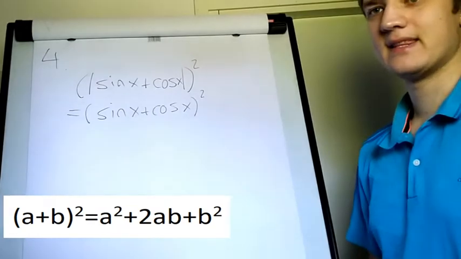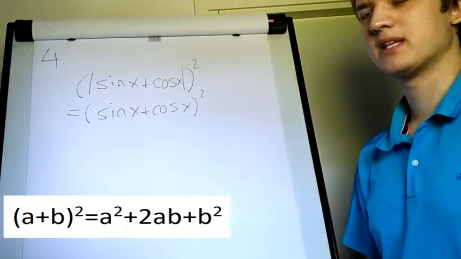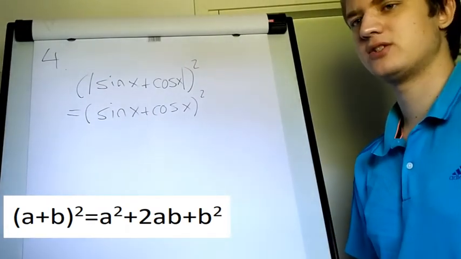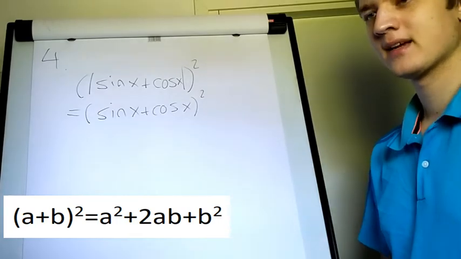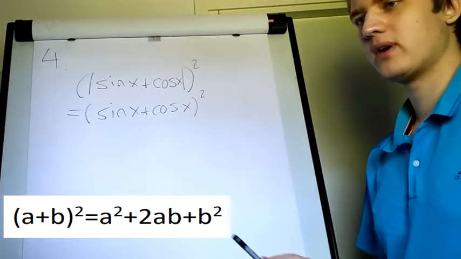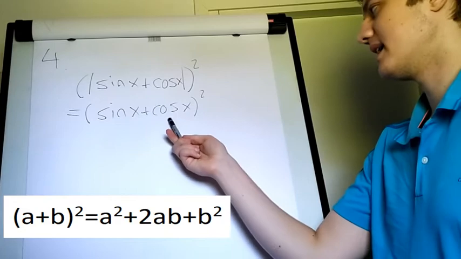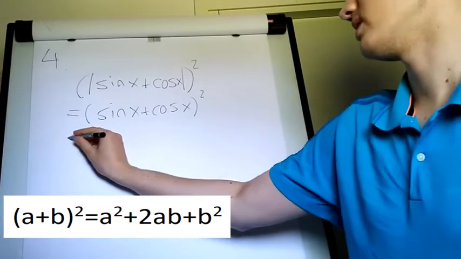Well, I had that one formula, a plus b squared equals a squared plus 2ab plus b squared. And we use that, and we just plug in a equals sine x and b equals cosine x. We get this.